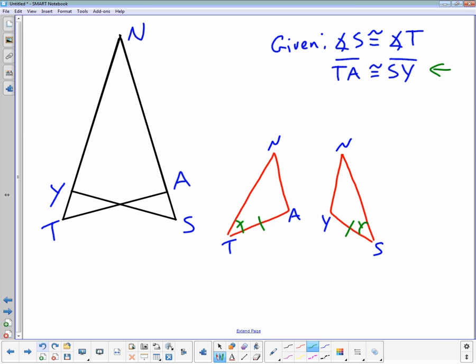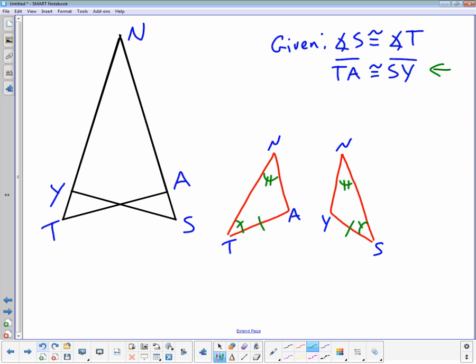If there was a perfect copy of me, then everything would be the same. That's the reflexive property. The reflexive property works not just for shared sides, but for shared angles too.